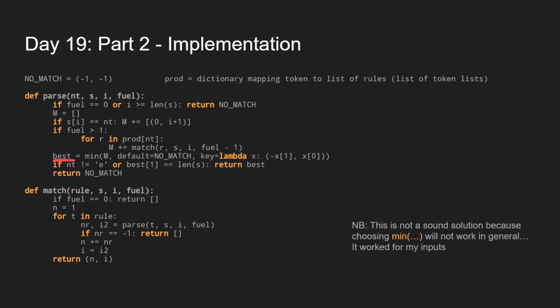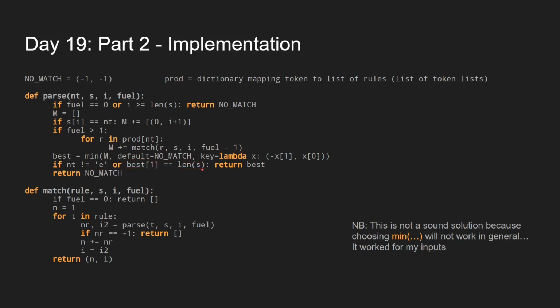So if we have found best here that is not no match, then we want to check if the current token we are matching is the start token E. Then the length of the matched text must be equal to the string. We must match the entire string. Otherwise, the answer would be a partial match for the string.